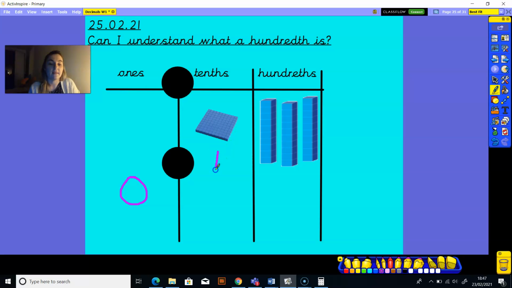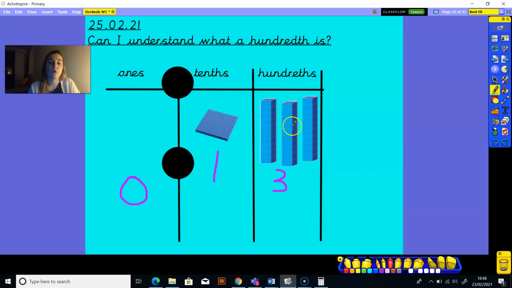We have got 1 tenth, so we would write that as 1 in the tenths column, and we have got 3 hundredths here. So we're going to write that as 3. We're not going to write it as 300 because we only need to write one number in this column.